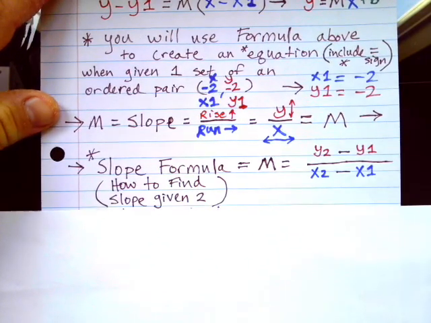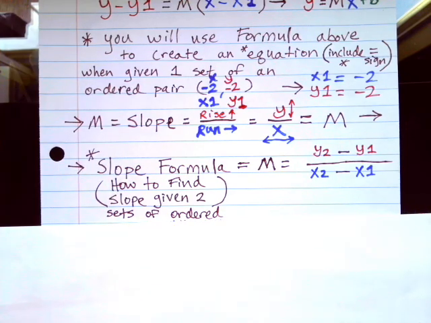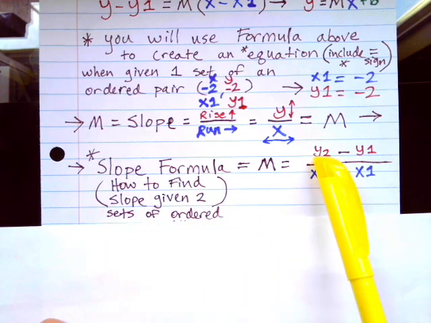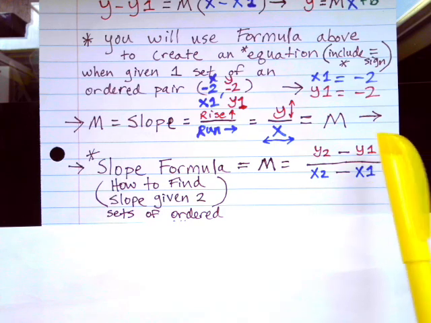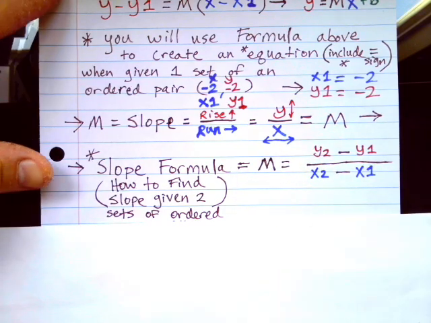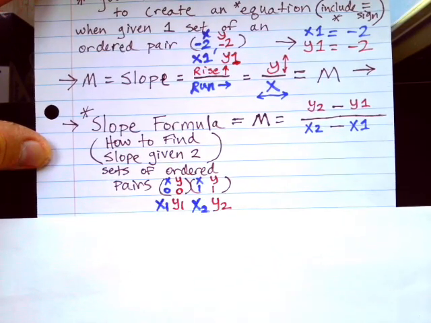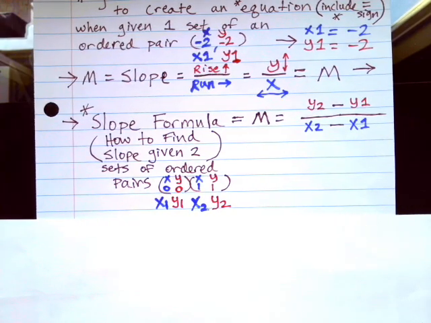There's a slope formula you can use to find the slope if you do not know what the slope is: how to find the slope given 2 ordered pairs, y2 minus y1 over x2 minus x1. That's the formula. Review my prior videos and you will understand a little bit further what I'm talking about here. This is again review if you've been watching my videos.